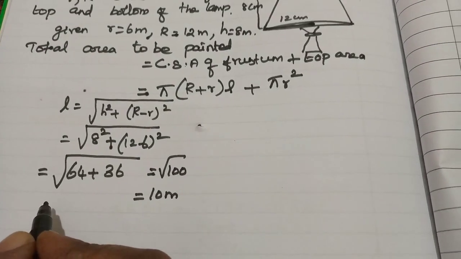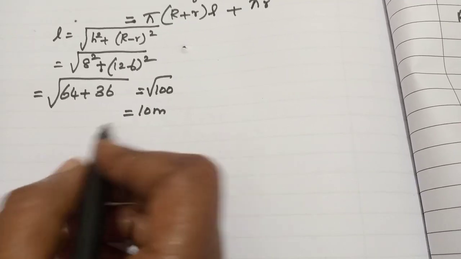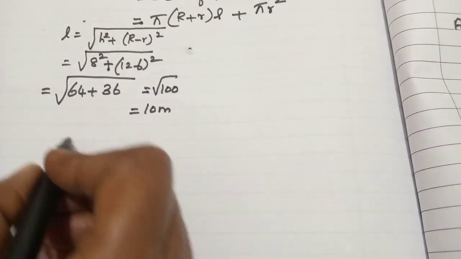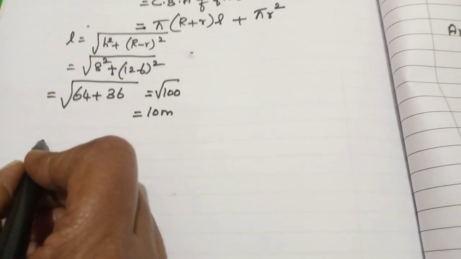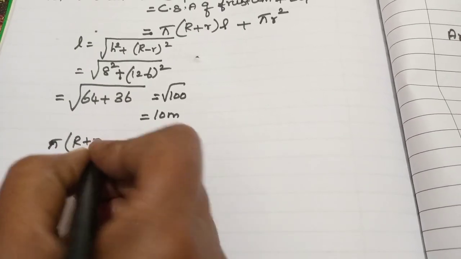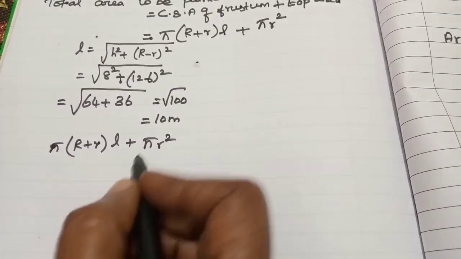Now we have to find the CSA of frustum plus top area. Top area is pi r square. L value we got, so pi into R plus r into L plus pi r square, this value only we have to find out.